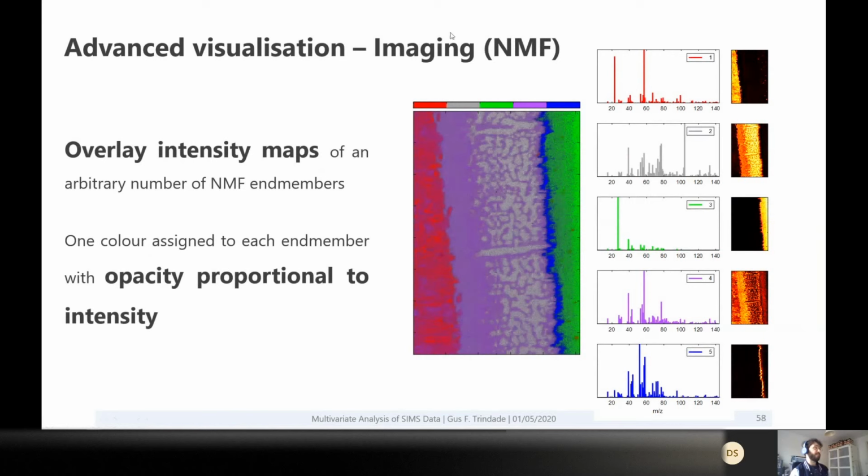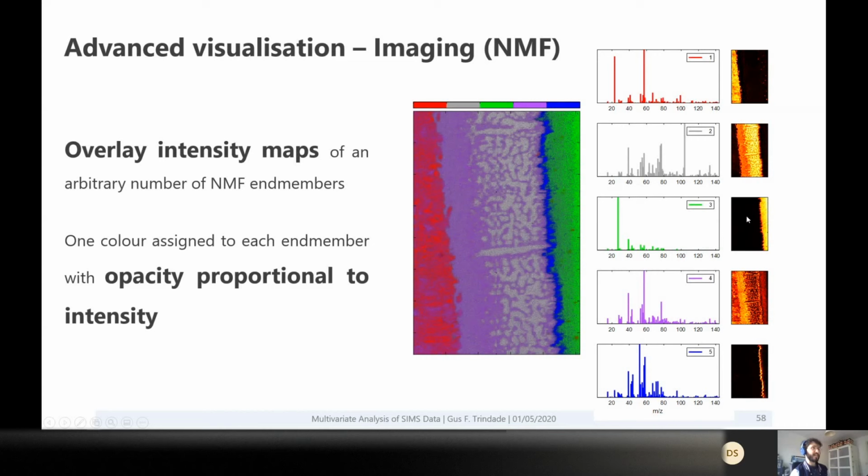If you do NMF, what's quite useful as well is to overlay the intensity maps. In this case there are NMF end members, 1, 2, 3, 4, 5 end members. Each of them has its own distribution. Here I'm showing them with those classic color maps, because now it's not negative, so it makes sense to use the same color scheme as we get from the Surface Lab software, going from black to orange, yellow.